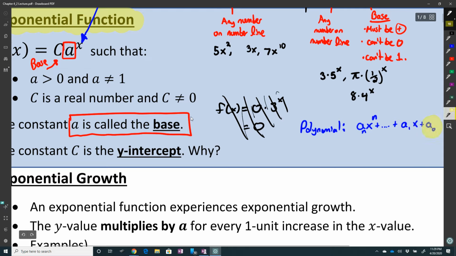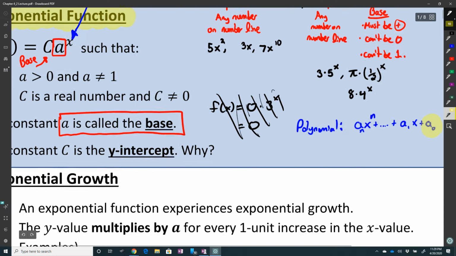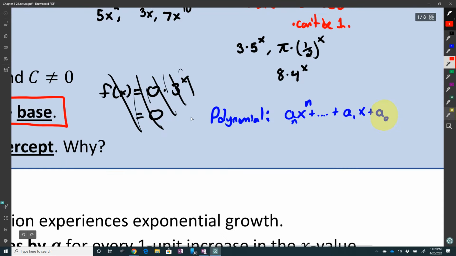Now the number at the end, that was the y-intercept for all polynomials. If you had just a number like mx plus b, that was the y-intercept. But remember that we're dealing with exponentials, that exponentials are completely different. Exponentials are of the form c times a to the x, and for exponentials, the c in the front is the y-intercept.